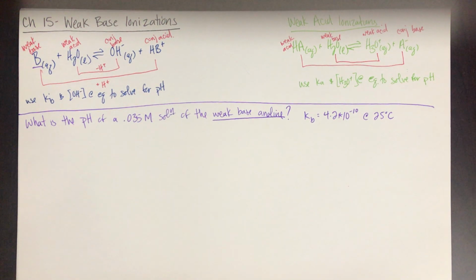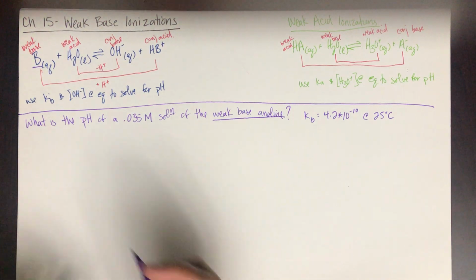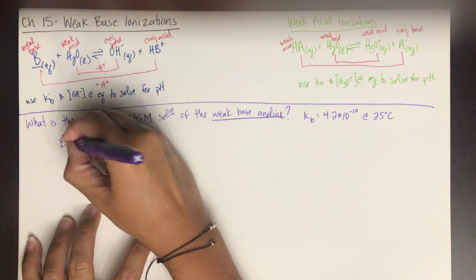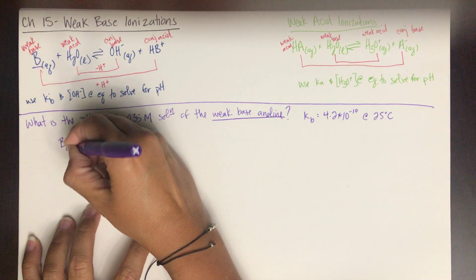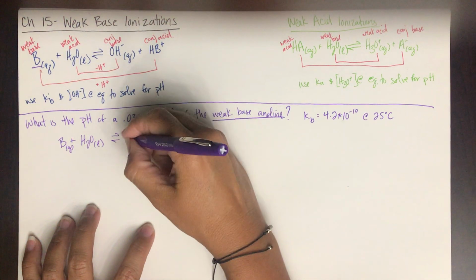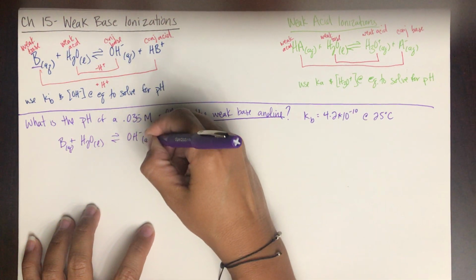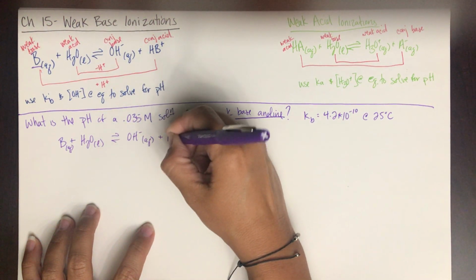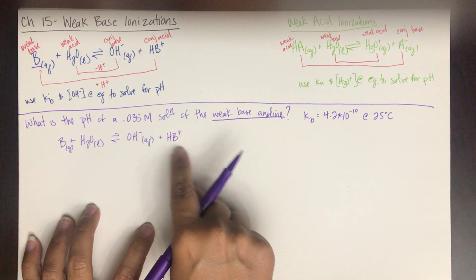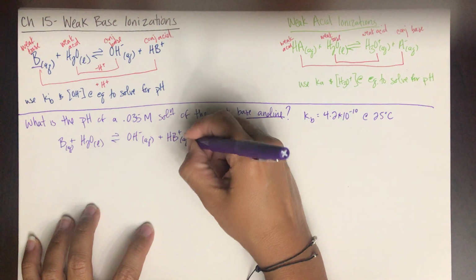You're given the initial concentration of 0.035 molar, you're being asked what is the pH, and you're given the Kb. So let's write this out. I'm going to call aniline B, plus water is in equilibrium with the hydroxide ion and the conjugate acid of aniline.